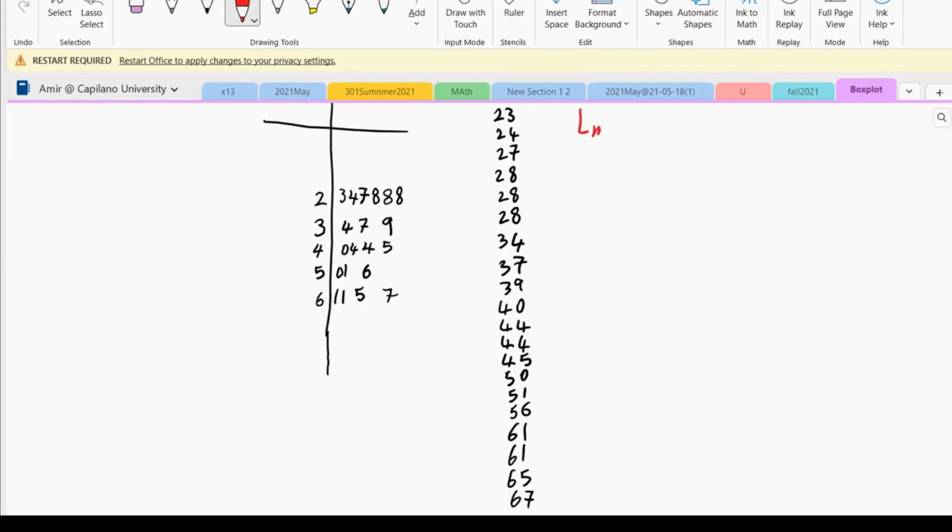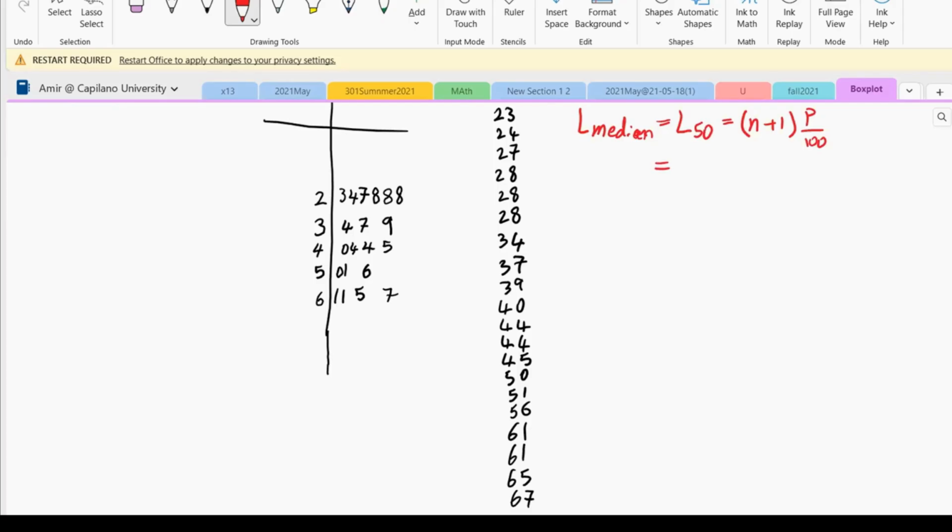The location of the median, or the location of the 50th percentile, where 50% of observations are less than it and 50% of observations are more than it, is determined by n plus 1 multiplied by the percentile over 100.